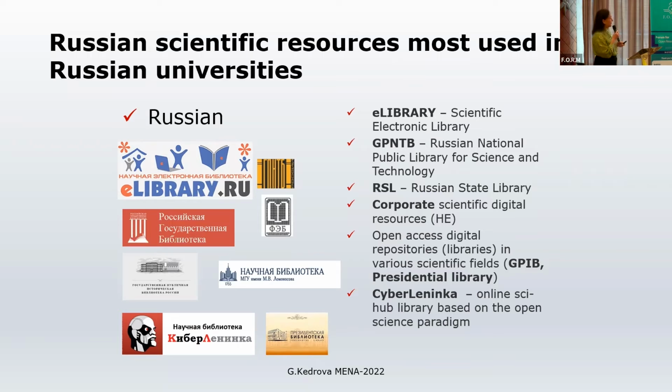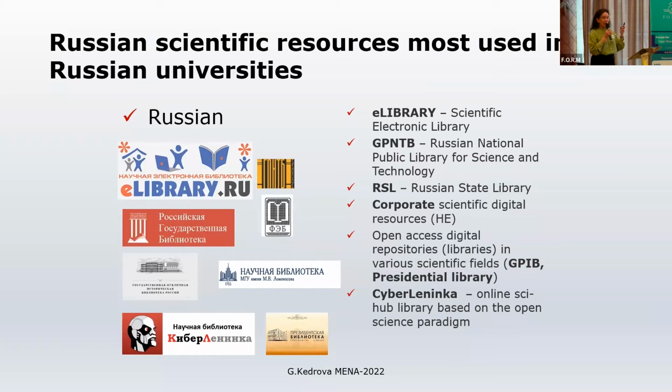It's for free. There are corporate scientific digital resources of the universities. University libraries in Russia now have digitalized resources, digitalized libraries, and they are open to everyone. There are also specialized digital resources of the libraries.